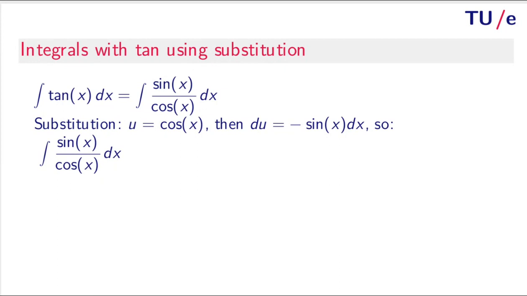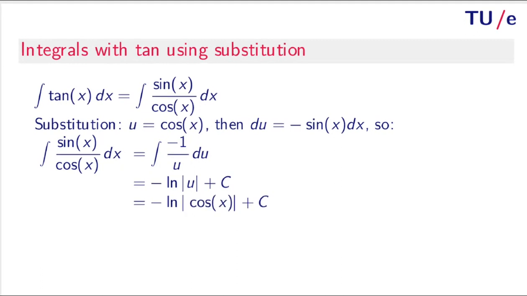So our integral is equal to the integral of minus 1 over u du. And we find that the integral is equal to minus ln of the absolute value of u plus a constant. So it's minus ln of the absolute value of the cosine of x plus a constant.